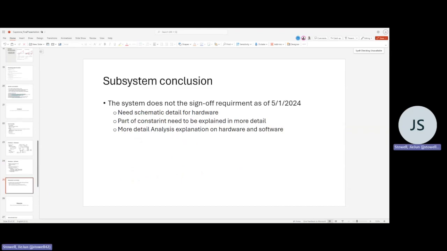And this subsystem conclusion is that the system does not yet meet the sign-off requirement as of May 1st of 2024.